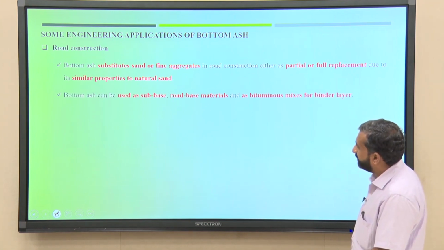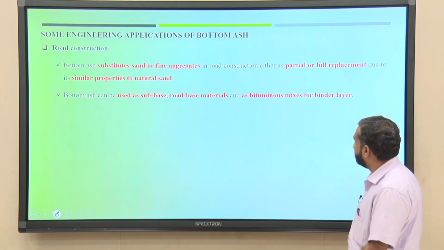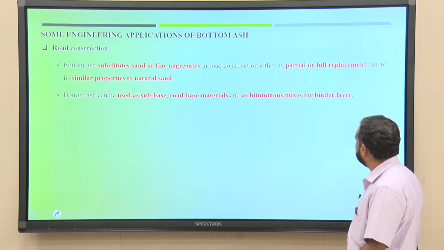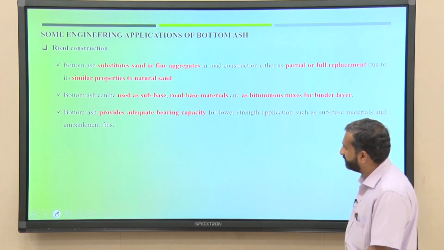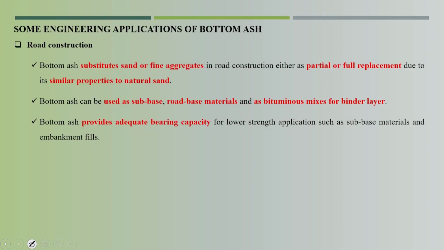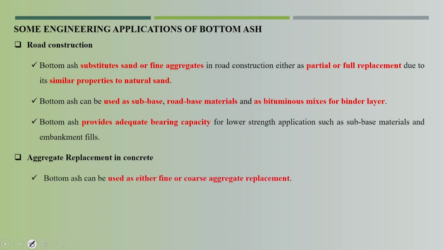Bottom ash can be used in sub base, road base material and as bituminous mixes for the binder layer also. Bottom ash provides adequate bearing capacity for lower strength applications such as sub base material and embankment fills. Next is the aggregate replacement in concrete. As I was talking about, bottom ash can be used in either fine or coarse aggregate replacement.